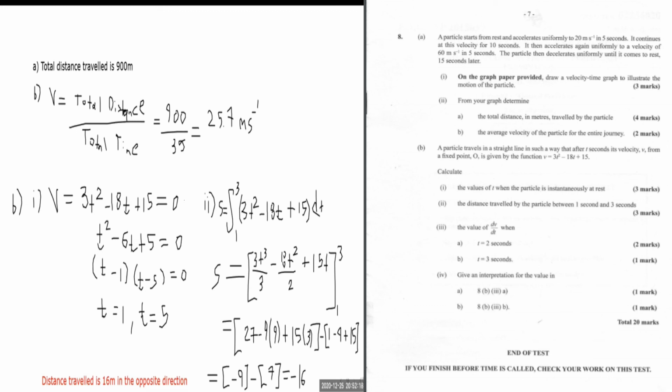Now part 3 of the question. Part 3 says, find dv by dt when t equals some values. So dv by dt is when we differentiate v. We carry down the power, so we get 6t minus 18. That's dv by dt.